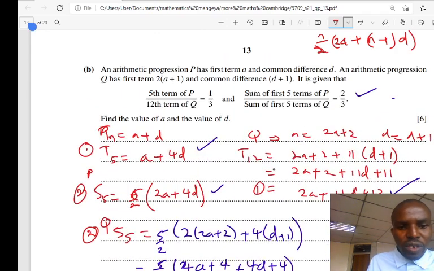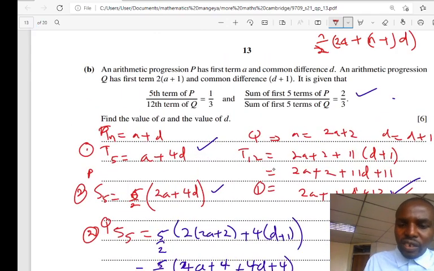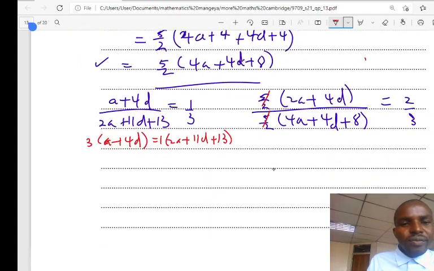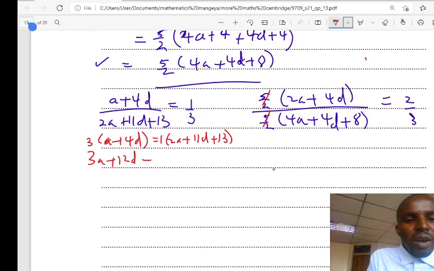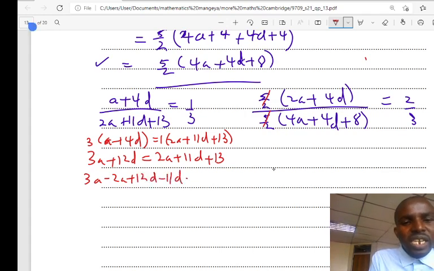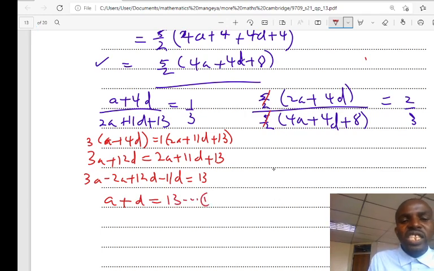Let me confirm. Yes, it was 13. Then remove the brackets: 3a plus 12d is equal to 2a plus 11d plus 13. Collect like terms: 3a minus 2a plus 12d minus 11d is equal to 13. Expressing as a simultaneous equation, a plus d is equal to 13. So this one is the first equation.